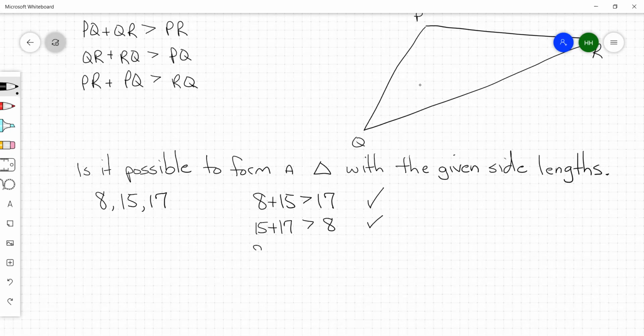So then you take your 8 plus your 17, and is that greater than 15? 25 is greater than 15. That is as well. So is it possible to form a triangle? Yes. Isn't that awesome?